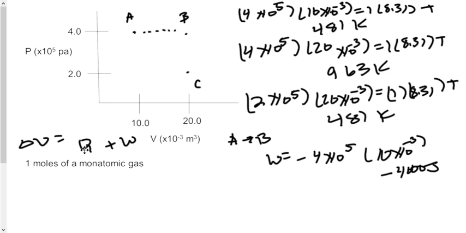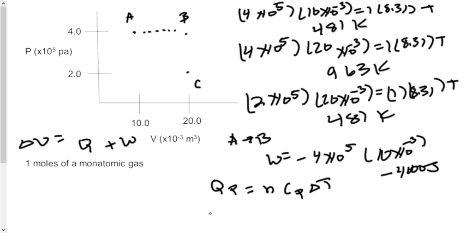Okay, but we need to calculate delta U, so we need the Q value. So Q sub P, meaning the heat flow at constant pressure, is going to equal number of moles n times the molar heat capacity for constant pressure times change in temperature.